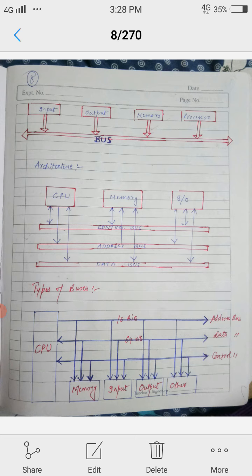For example, control bus, address bus and data bus, and you can see the connection between peripheral devices and these buses. Next we discuss the different types of buses. As we discussed, we have three types of buses: address bus, data bus and control bus. So first we discuss about the address bus.